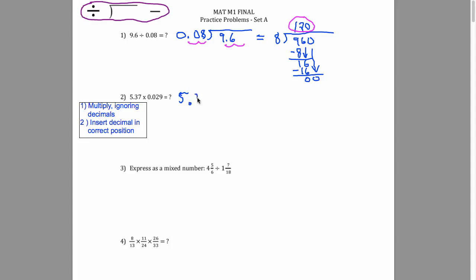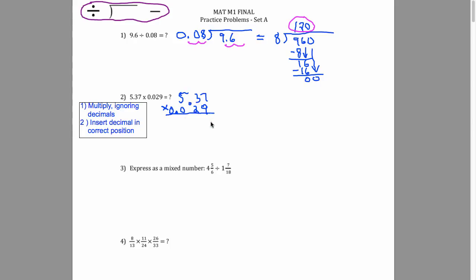The reason being that there are only 2 digits to multiply in the 0.029, since you don't have to multiply by 0, since 0 times any number is just 0.